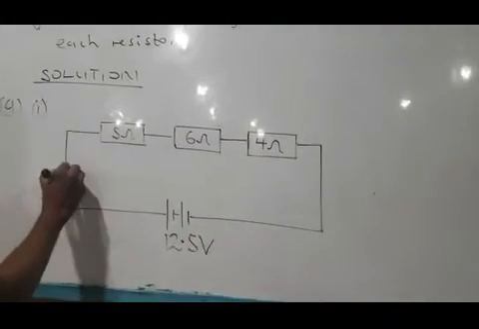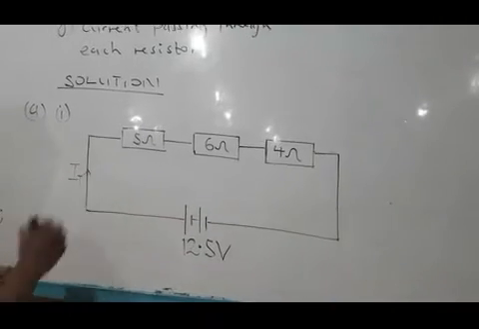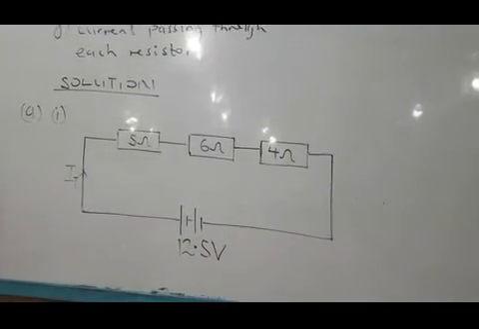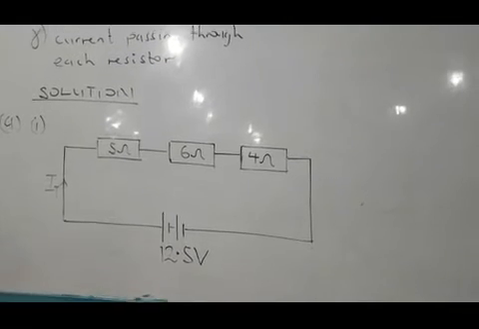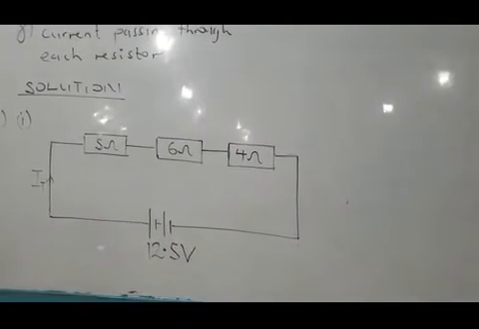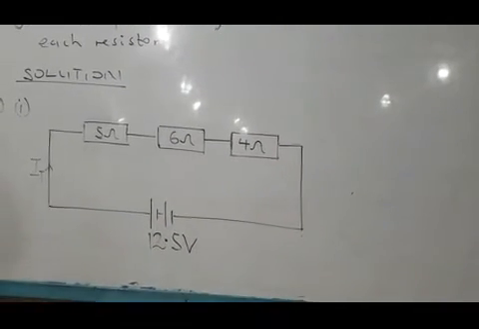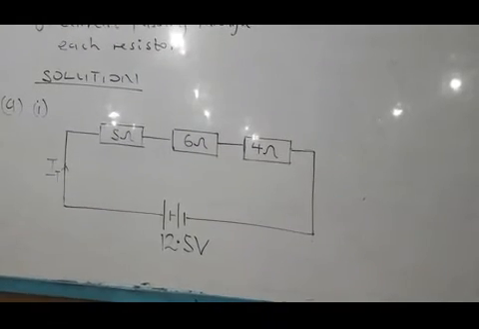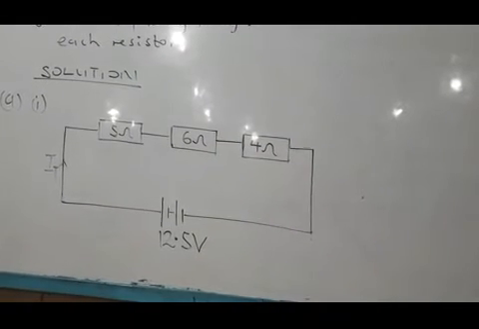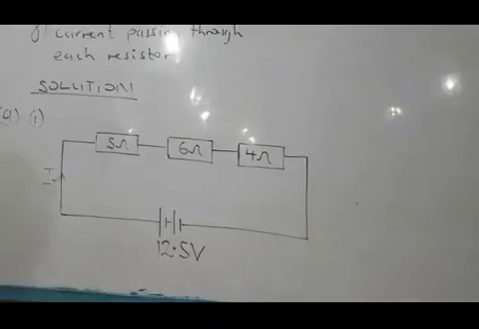Your total current here is IT. So this is a circuit diagram for the series arrangement of the 3 resistors. And then from this diagram, we calculate the resultant resistance and then the resultant current.